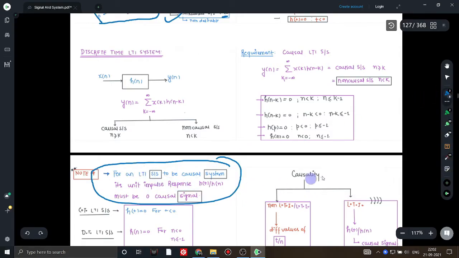So the statement is saying that if we want our LTI system to be a causal system, then its impulse response, h(t) in the continuous-time domain and h(n) in the discrete domain, should be a causal signal.